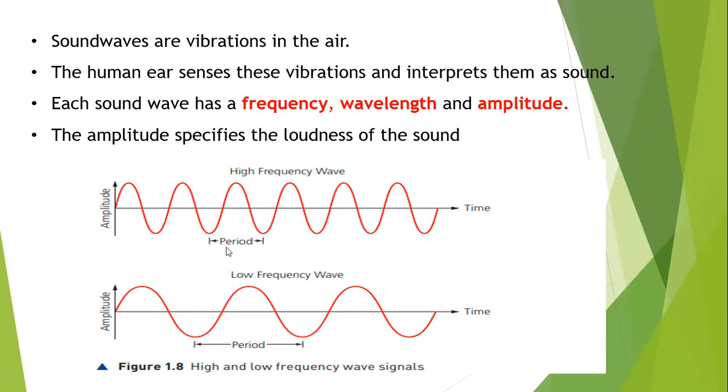Period means wavelength, its height is called amplitude, and frequency means repetition of the waves. At the bottom it is a low frequency wave. These are the two diagrams given in the books. Okay. Now see the next one.